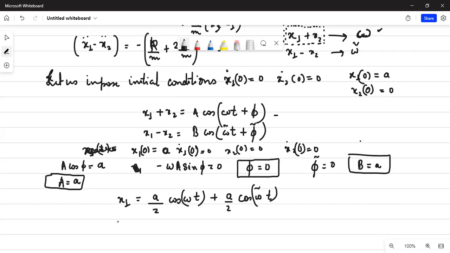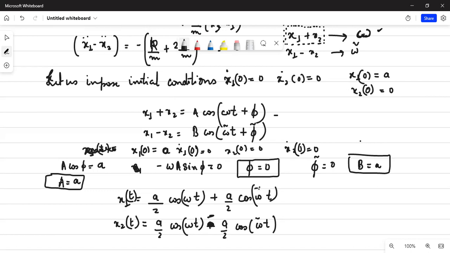And also if I replace x2 as a function of time, I'll again get a by 2 cos omega t, and then minus a by 2 cos omega tilde t, because to extract x2 we have to subtract. Is that clear? And if you've not forgotten the formula of cos C plus cos D, it is what you can say, 2 cos((C plus D) by 2) and cos((C minus D) by 2).